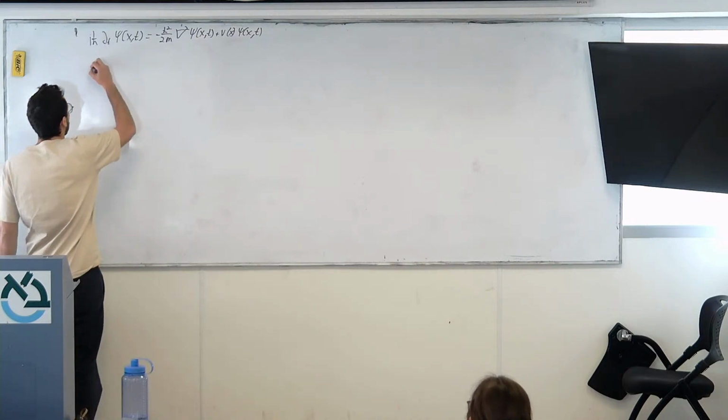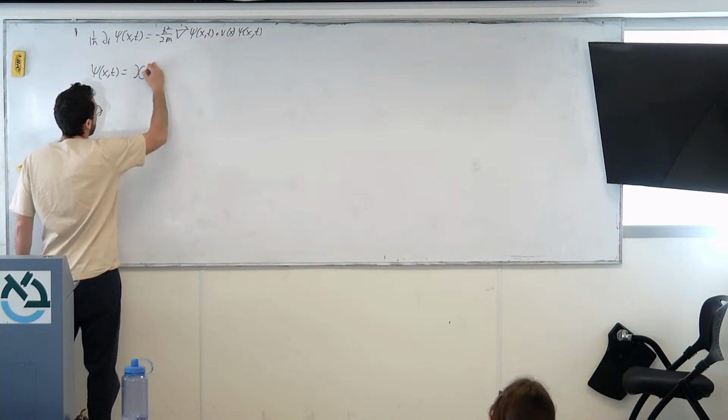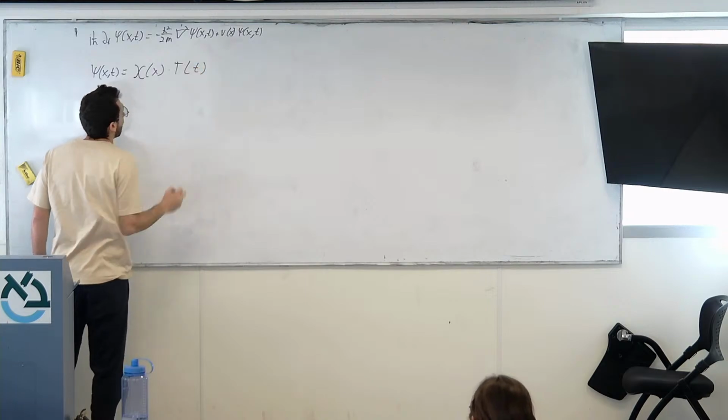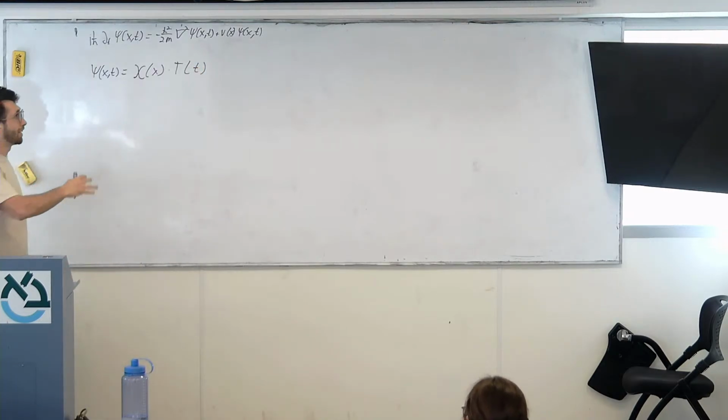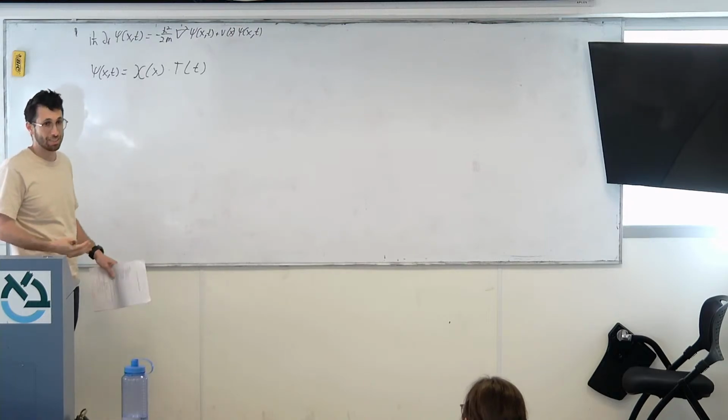We assume ψ(x,t) can be written as some function of x times some function of t. And usually, when does this work? Whenever we try, we don't have a lot of problems. What does it mean?